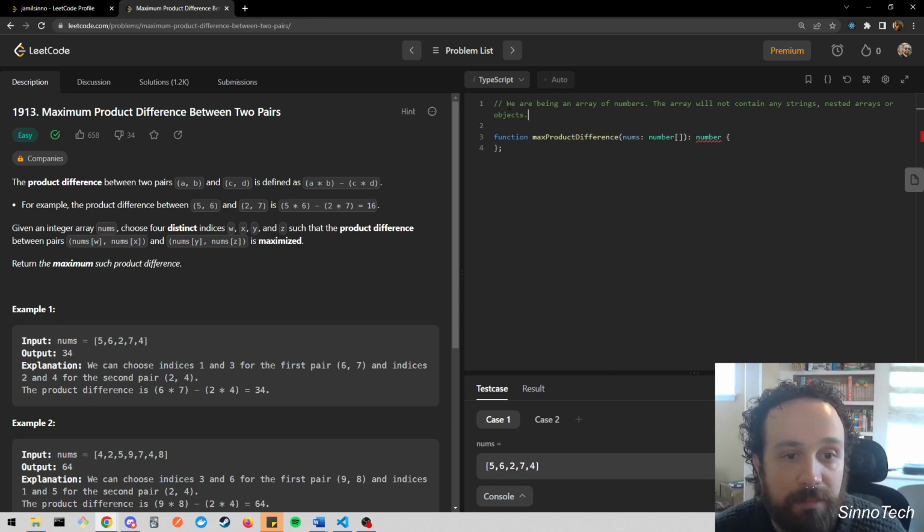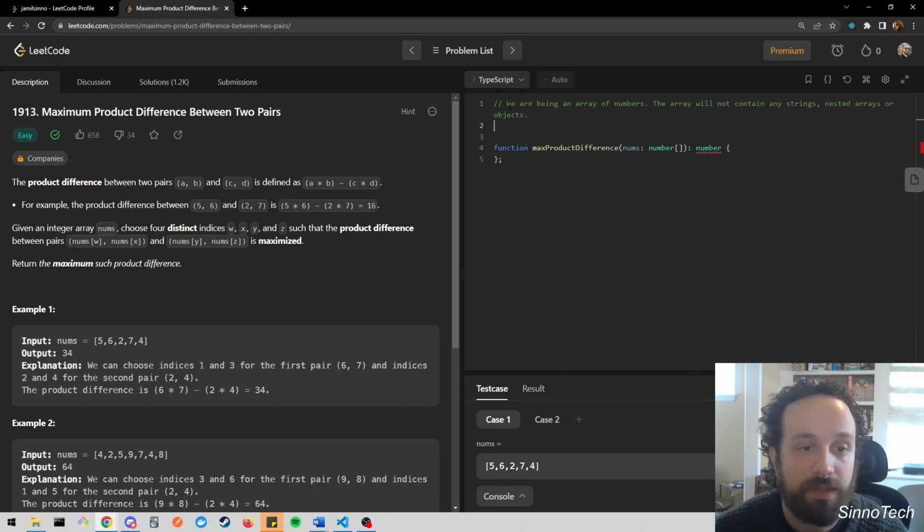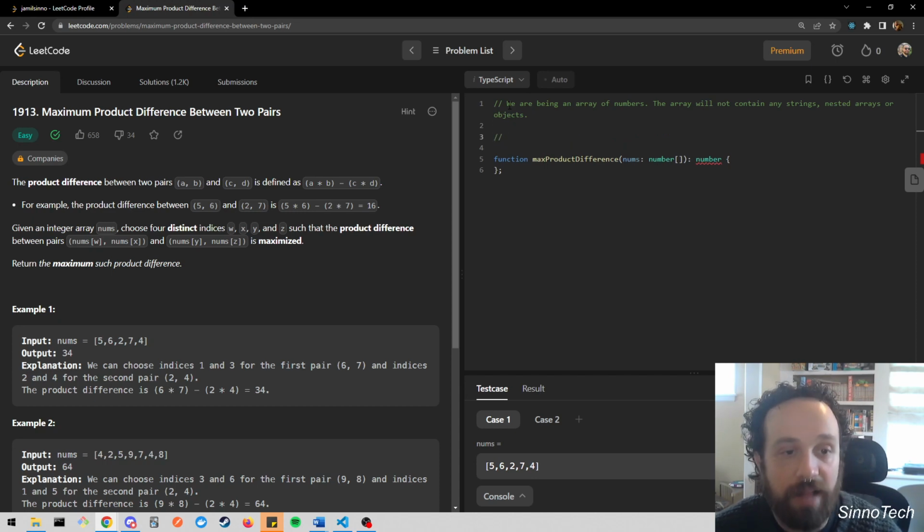Other than that, it doesn't really matter what we do to the array because we really just care for a value. So we care for a value. What does that mean? Return the value of the maximum difference from any 4 numbers in the array.